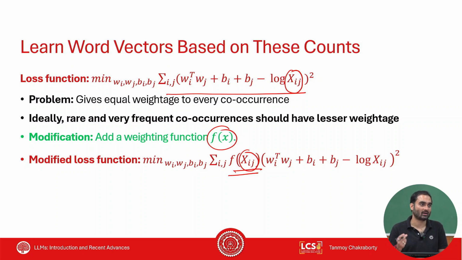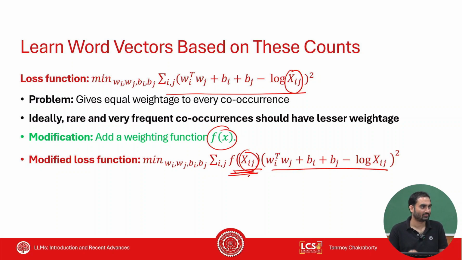If the co-occurrence value is too high, I will penalize. I'll penalize those pairs which are, let's say, stopword pairs or something like that. So this is just a weight before this.